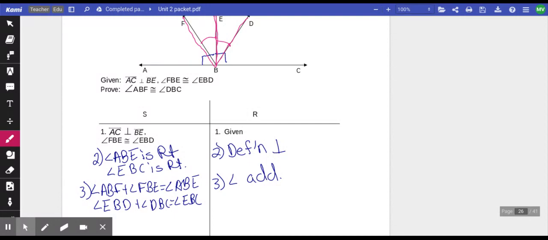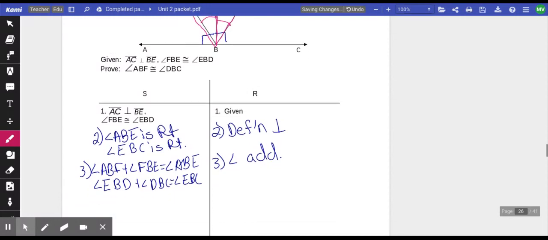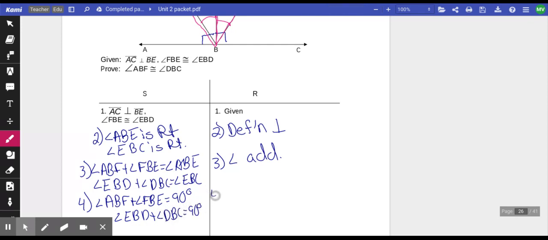We learned that previously. And then I can say that angle ABF and angle FBE equal 90 degrees, and angle EBD plus angle DBC equals 90 degrees. And that's substitution, because I knew in step 2 that it was a right angle, or that it equals 90.